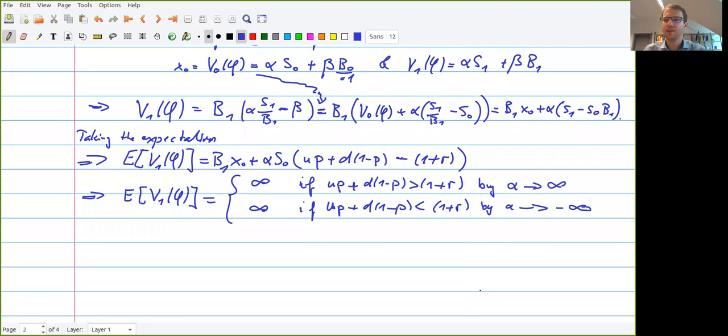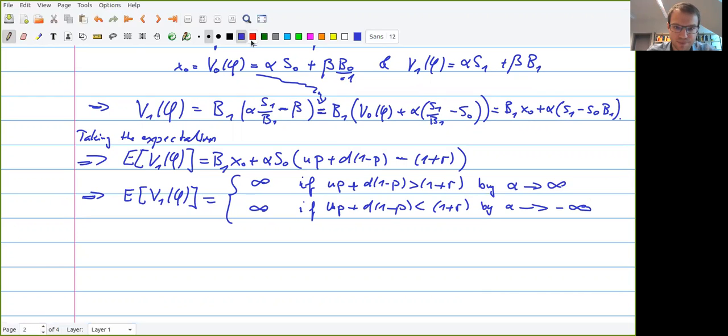So what you see, if I look at this naive approach, where I just maximize the expected terminal wealth, is that this is somewhat degenerate in this mathematical sense, and it's saying the answer is always infinity.